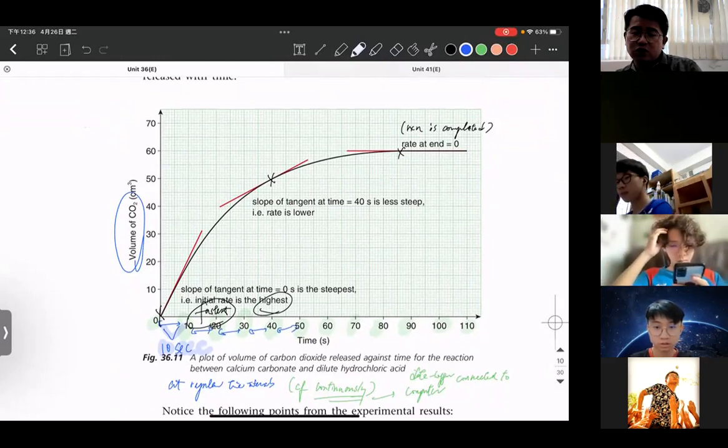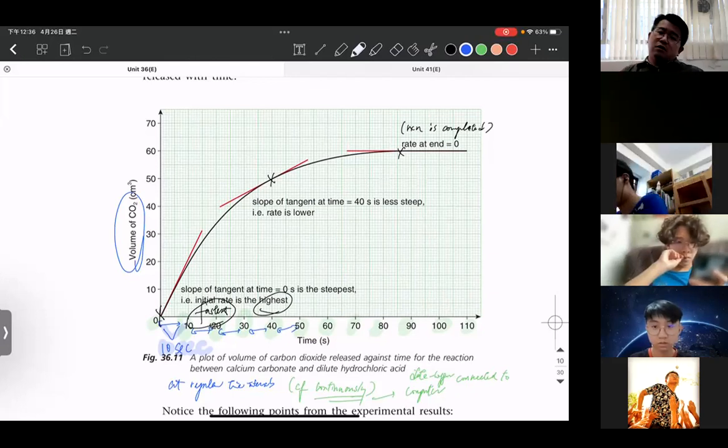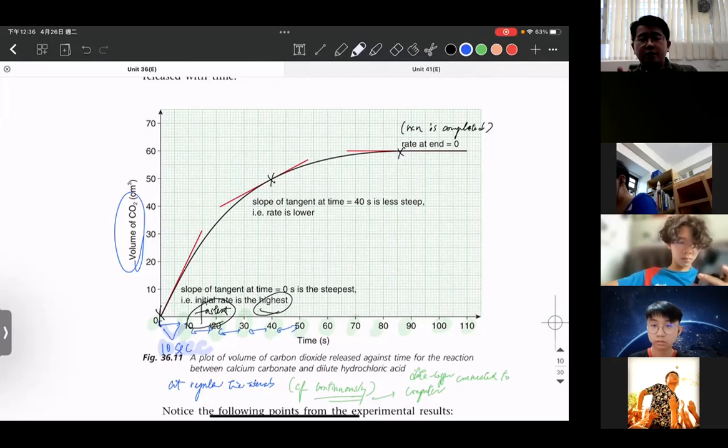Yes, what instrument is needed? How can it be done, right? I measure the change in volume of CO2 versus time. What apparatus is needed, or instrument is needed? So what is the design of the experiment? What is the design of the experiment?